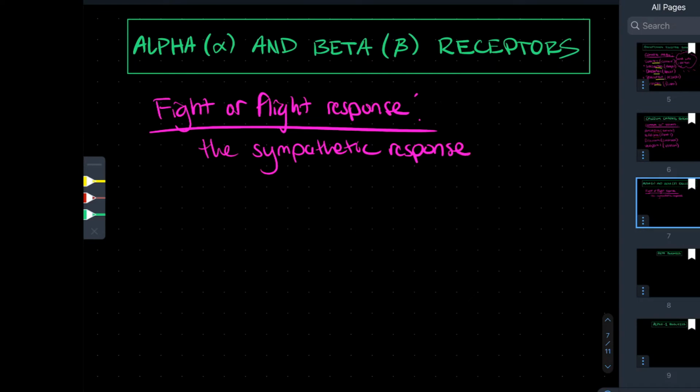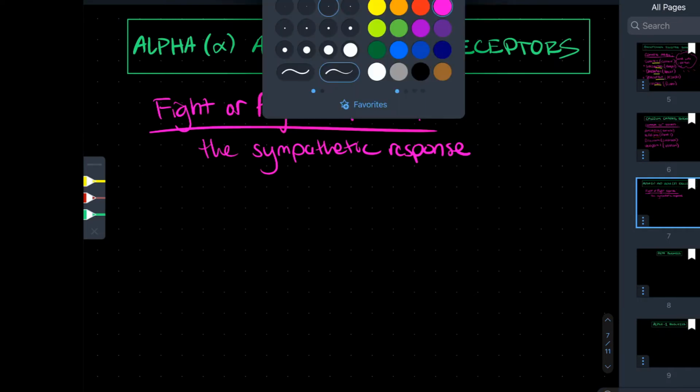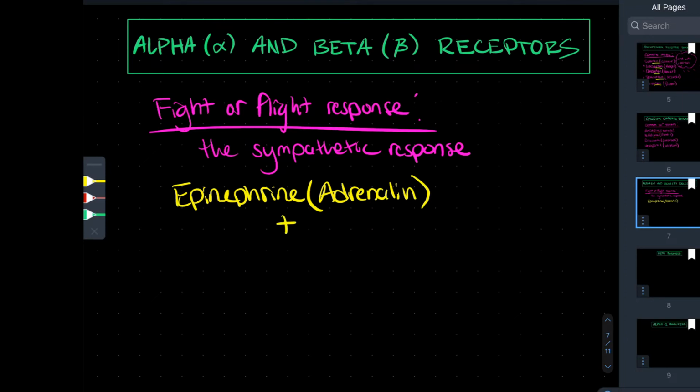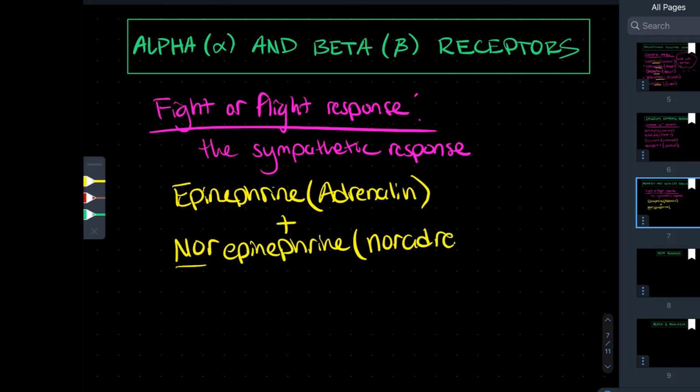And so when you have your fight or flight response activated, you have two chemicals that are released. You have epinephrine, which is also sometimes called adrenaline, and norepinephrine, sometimes called noradrenaline.